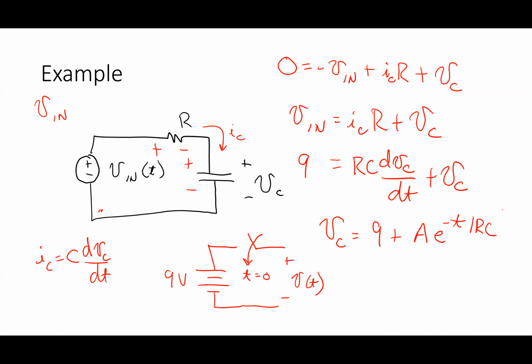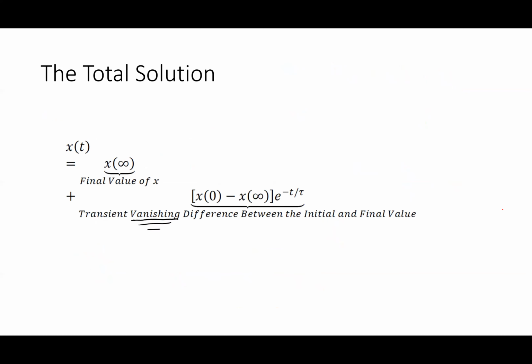In general, there are always two pieces to these things. The total solution, or the general solution I get anytime I have one of these, is basically going to have some value which I call the steady state solution. And then this part I call the transient solution, which is proportional to what I call the vanishing difference between the initial and final value.